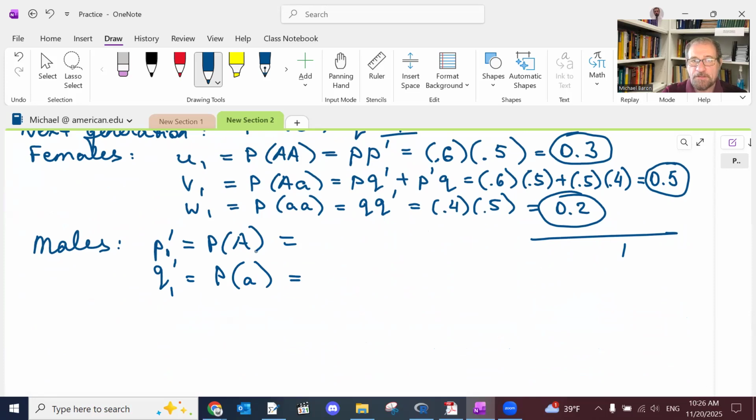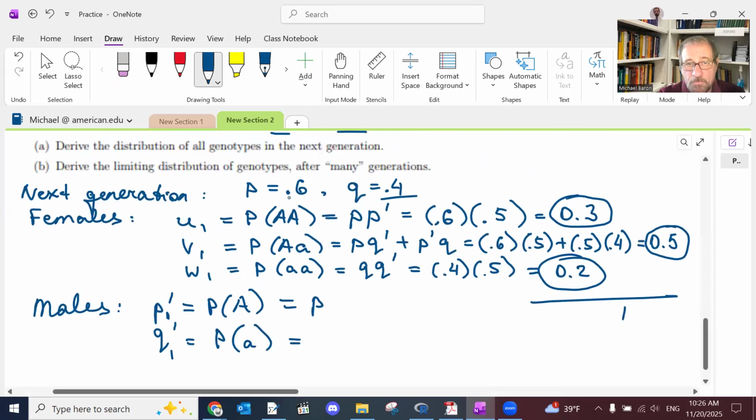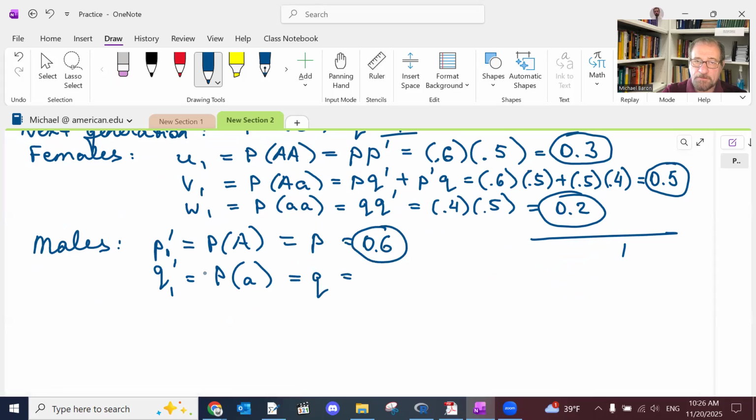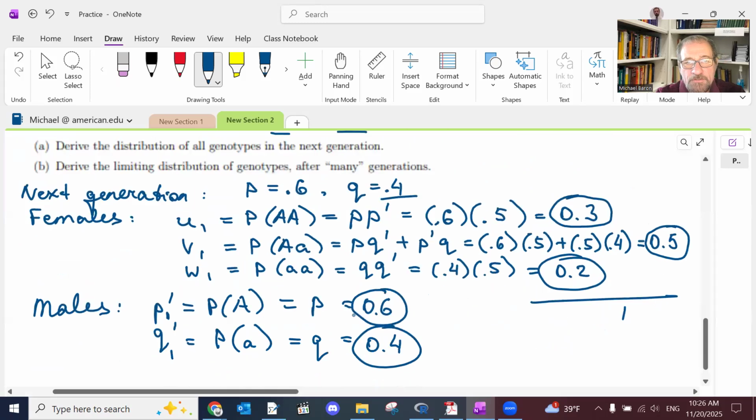So they receive dominant gene with probability P. That's the proportion of dominant genes among mothers, so 0.6. And Q is proportion of recessive genes among mothers, 0.4. And this problem is solved. We have calculated the distribution of genotypes, and it's different among female children and male children.